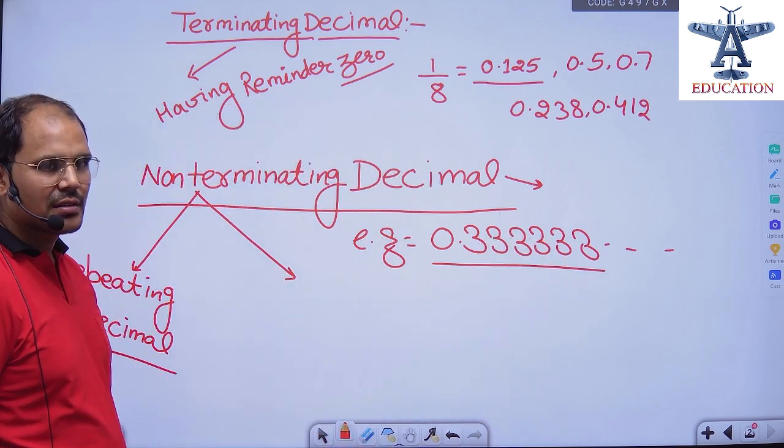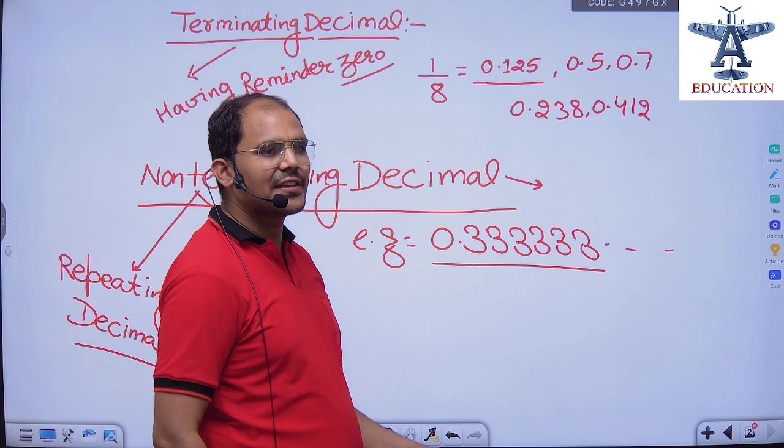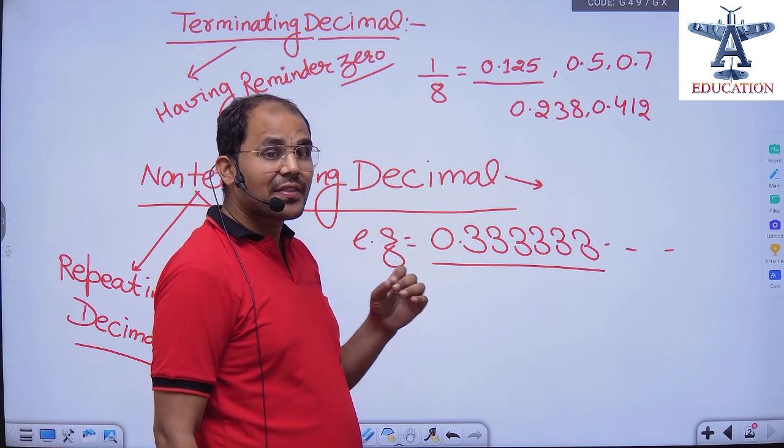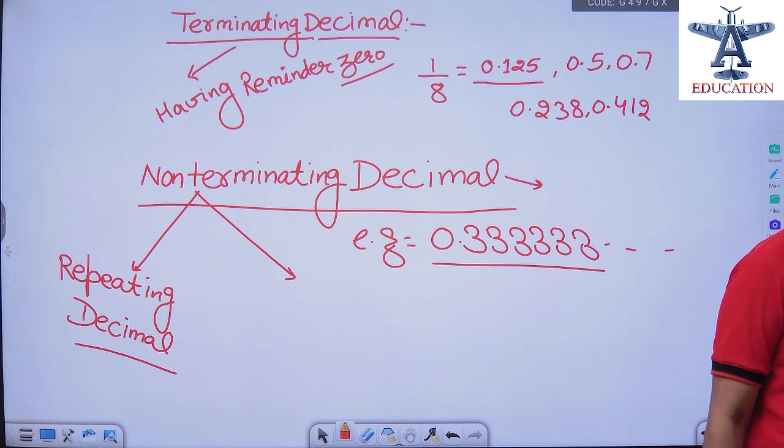You can notice that this number is 0.33333. The number 3 is repeating. That's why it is known as non-terminating repeating decimal.